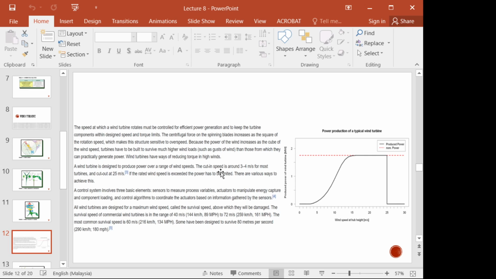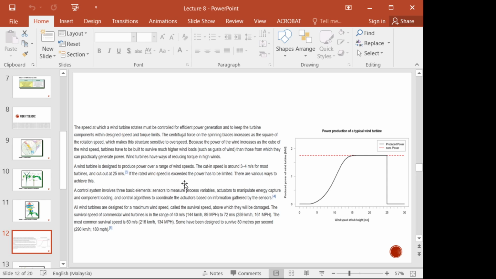And the cut-in speed where the wind turbine starts to spin is around 3 to 4 meters per second for most turbines, and the cut-out is at 25 meters per second, meaning to say whenever the speed is higher than 25 meters per second, the wind turbine will brake itself, because it has a braking system, or else the wind turbine will be broken, and maybe it will spin through your houses, through the houses under the wind farm.